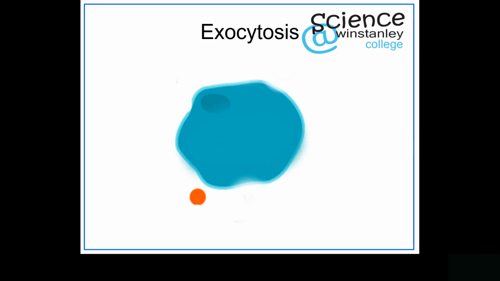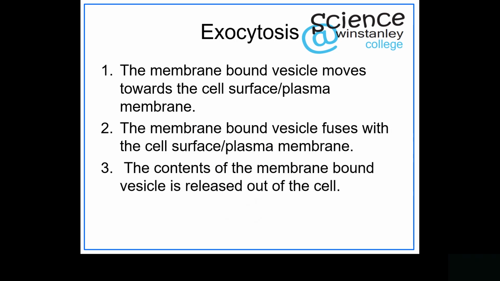So to summarize exocytosis, first of all, the membrane-bound vesicle will move towards the cell surface membrane or the plasma membrane. It will then fuse with that membrane. It'll become part of that membrane, and then the contents from inside will be released to the outside of the cell.